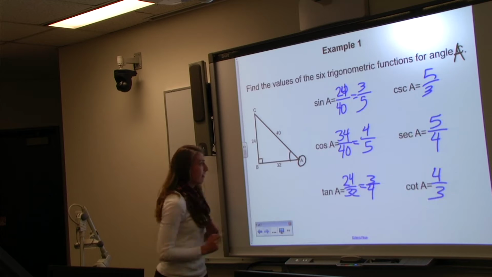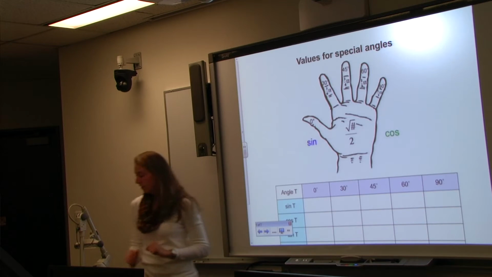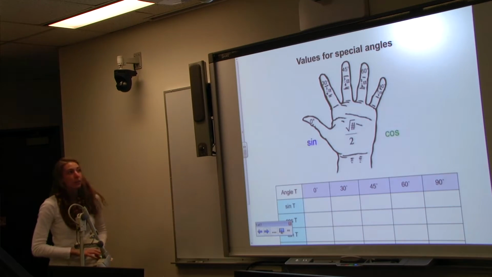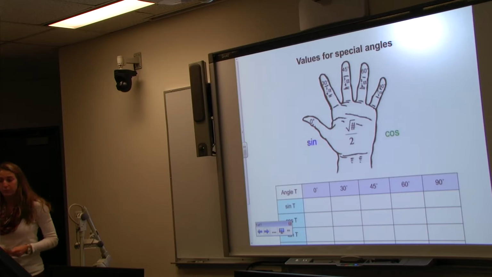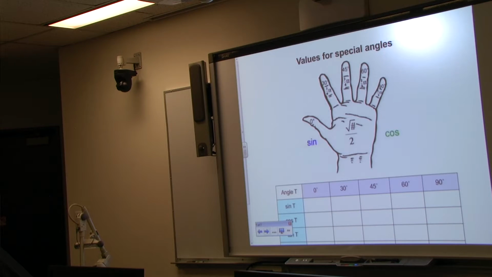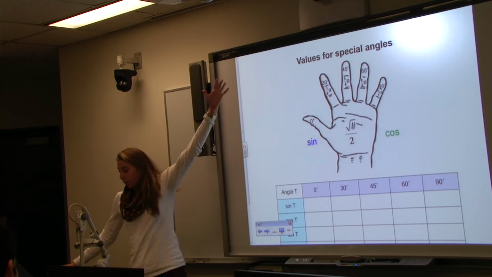No? Okay. Fabulous. We do have a little trick because we are going to learn some special values. So I have some neat little stickers for you guys. Thank you. You're going to want to stick them on your fingers, just like we see on our board.